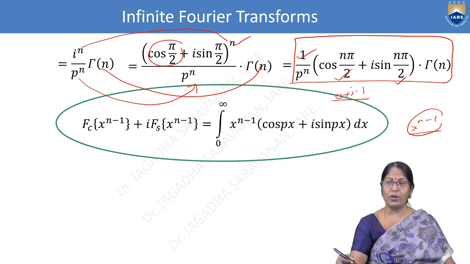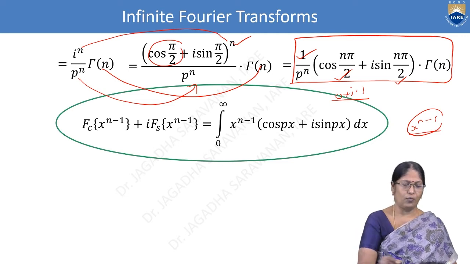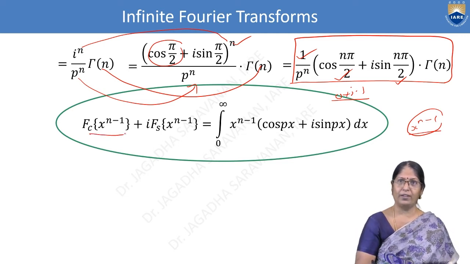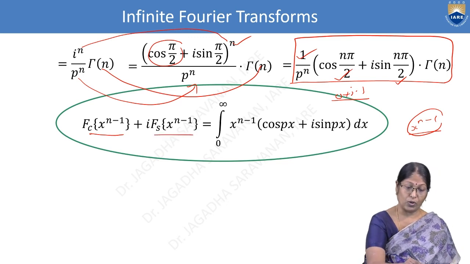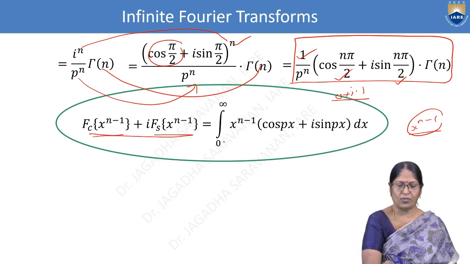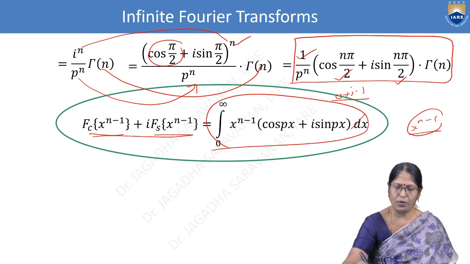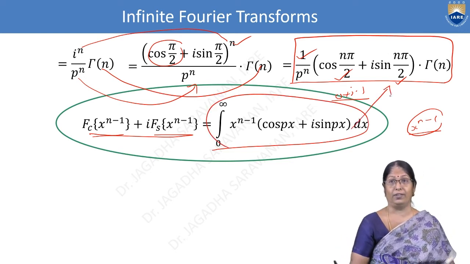That problem only we are solving. For that, we took Fourier cosine and Fourier sine, and we added both. This is the left side. On the right side, we solved this integration and got this result.